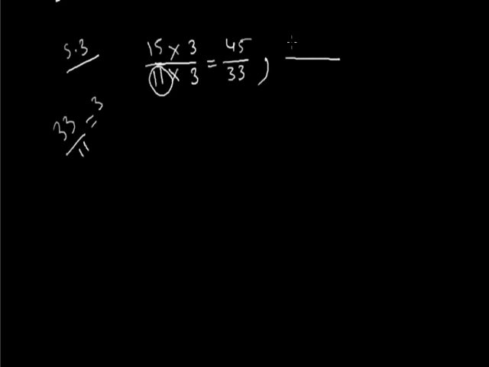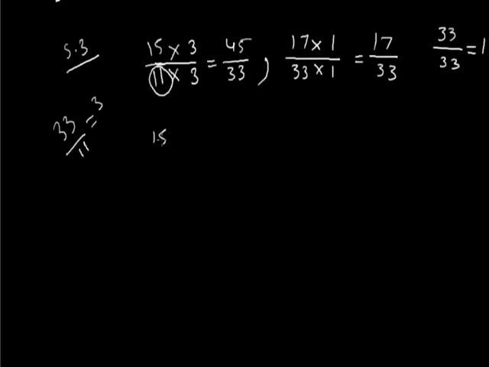Similarly, for the second fraction, which is 17 upon 33, divide the LCM obtained in the second step by the second denominator. We will obtain a number which is equal to 1. Multiply the numerator and denominator of the second fraction with that number. We will obtain 17 upon 33 equal to 17 upon 33.